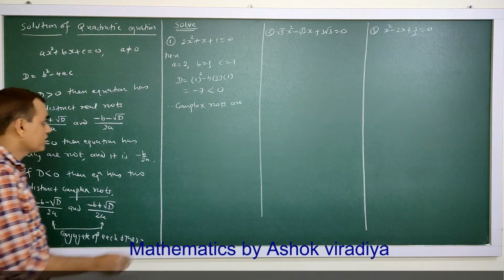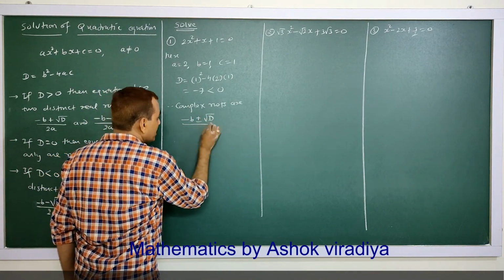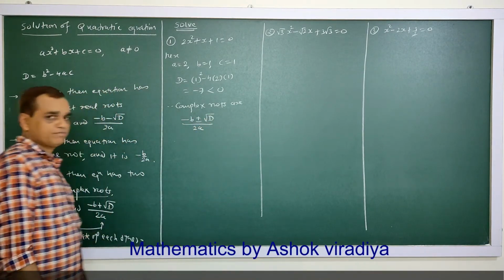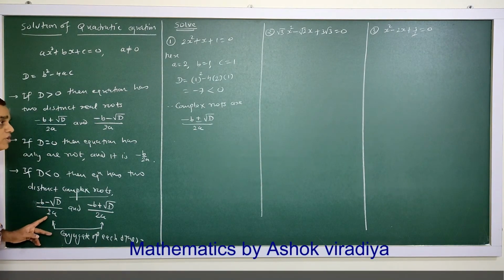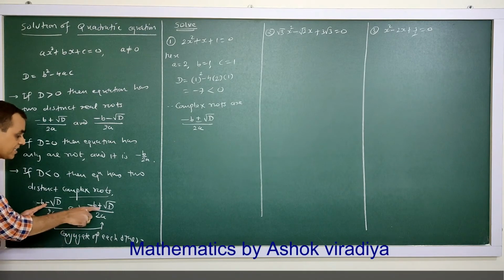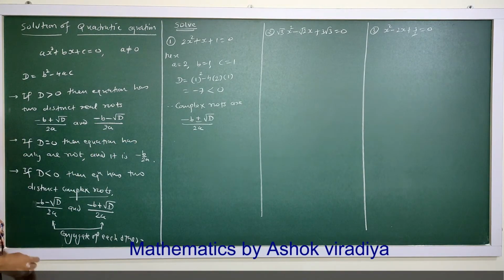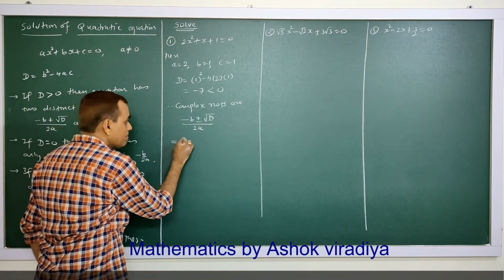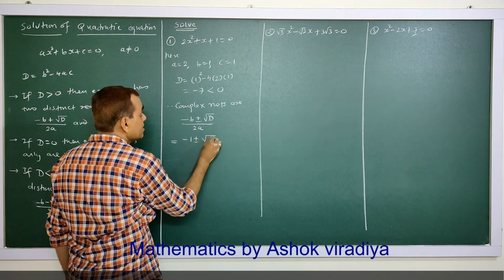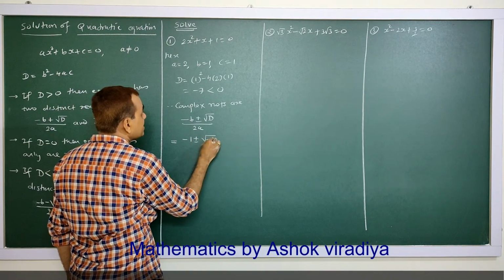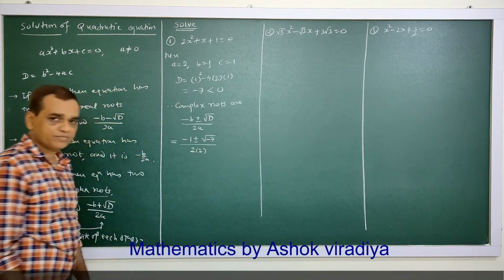So complex roots are (-b ± √D)/2a. We are showing combined roots. That is, -b is -1, plus or minus square root of -7, upon 2 into a.